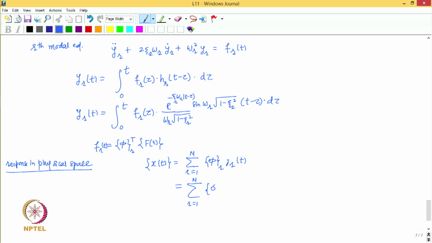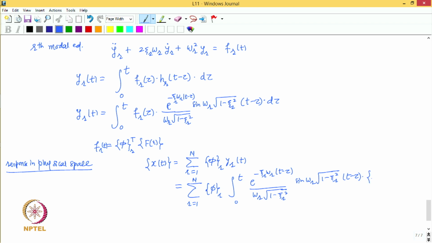So, we will have phi r into integration of 0 to t, then we have e to the power minus zeta r omega r t minus tau upon omega r into square root of 1 minus zeta r square, sin omega r under root 1 minus zeta r square t minus tau, right, into f r.